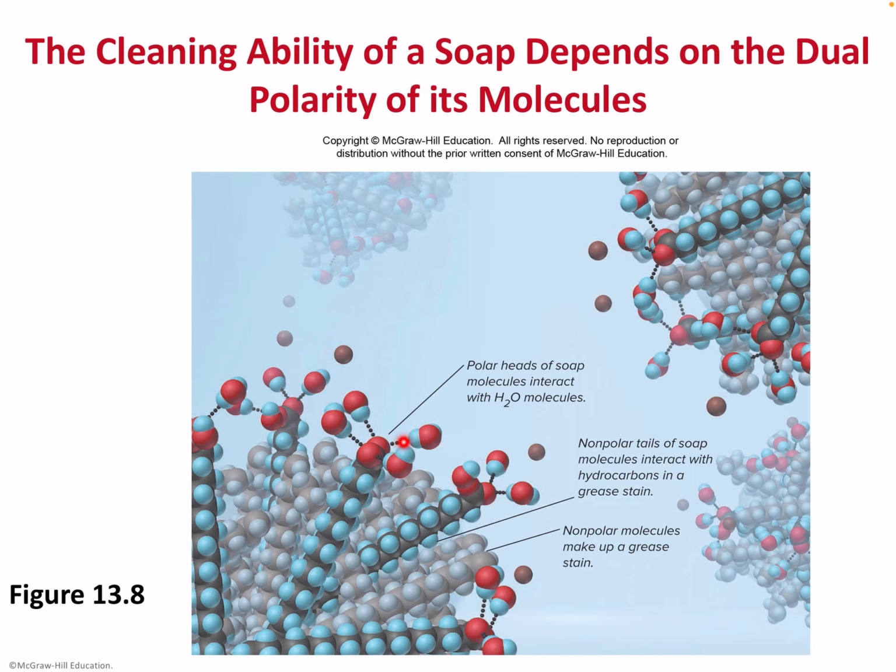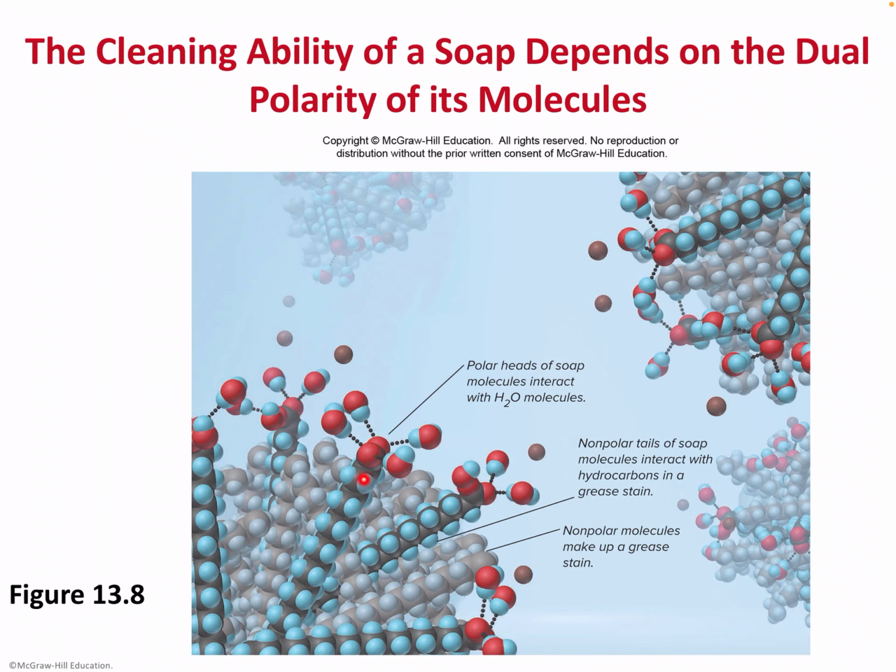So in a soap molecule, you will see a polar head. Polar head of soap molecules interact with water molecules, right? And if you eat some greasy stuff, we know you put water into it, the water will just float over it, right? But when you put detergent, it will go away.